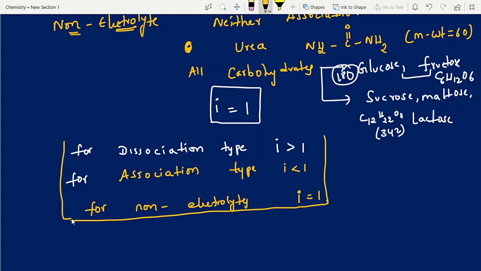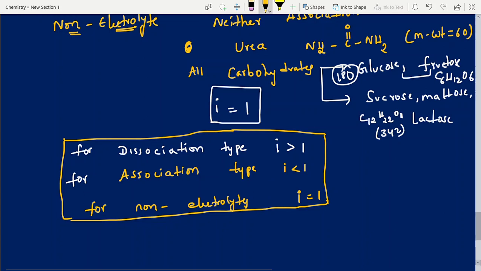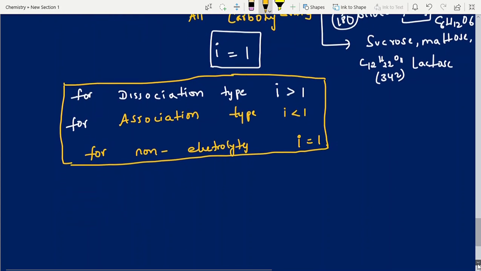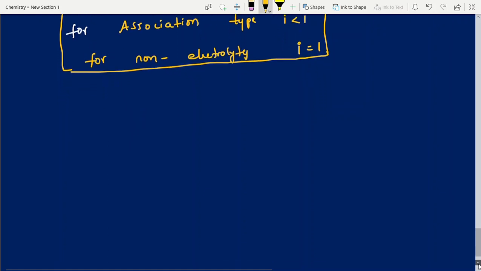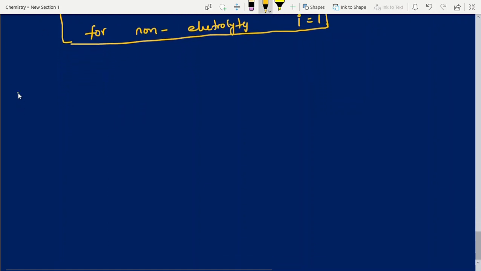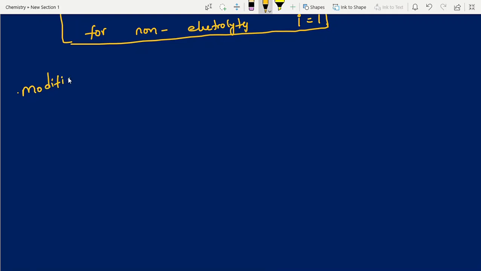Now we'll go for some numericals. It seems to be the biggest numerical, students, but it's very easy. Based on that, finally van't Hoff gave modified colligative property formulae. So write down the modified colligative properties.